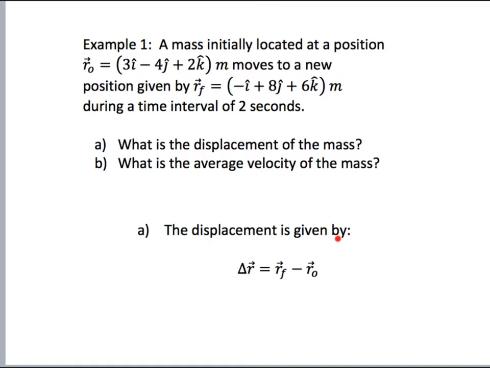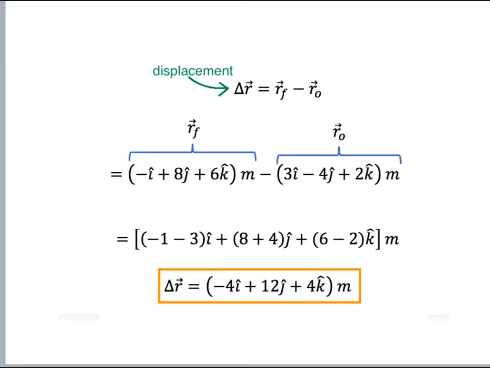Now, the displacement is given by the formula for displacement. Delta r is going to be rf minus r0, and it's always going to be where you end up minus where you started. So we can just plug in the numbers.